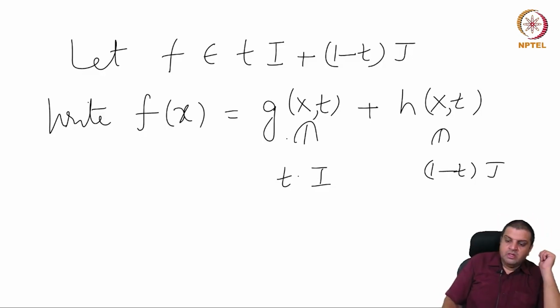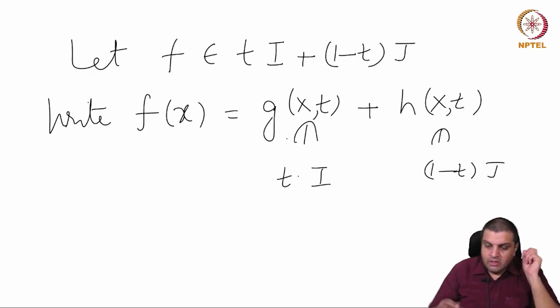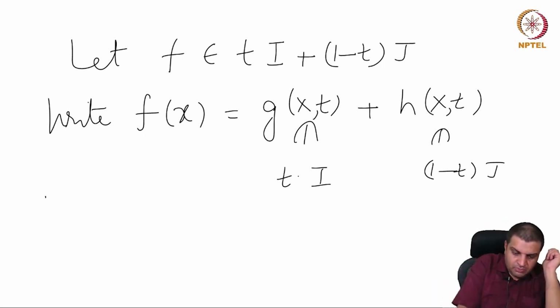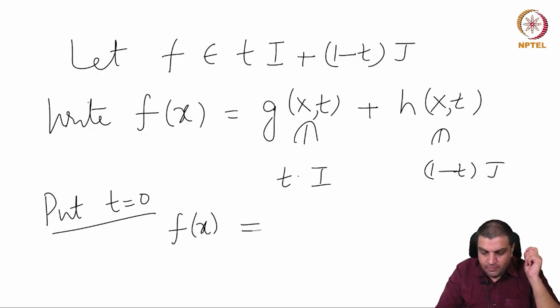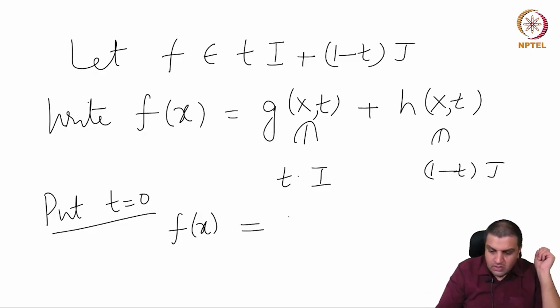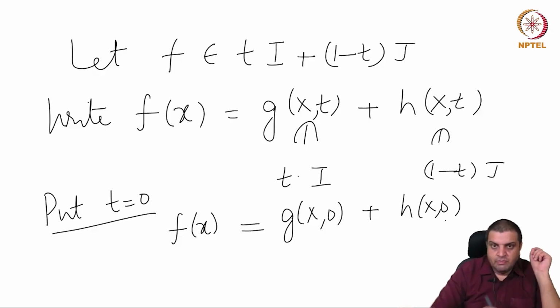Now let's look at what happens when we put T equals 0. Nothing happens to X because T does not appear in it at all. We get G of X 0 plus H of X 0. But what are these?